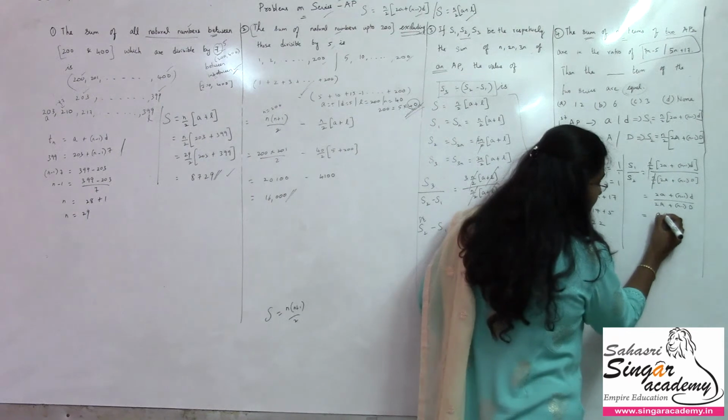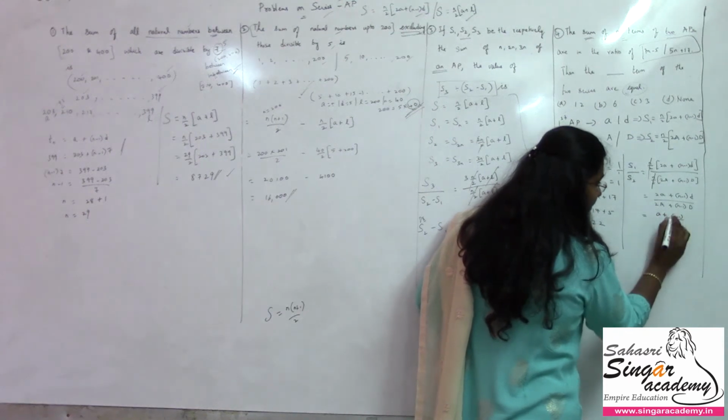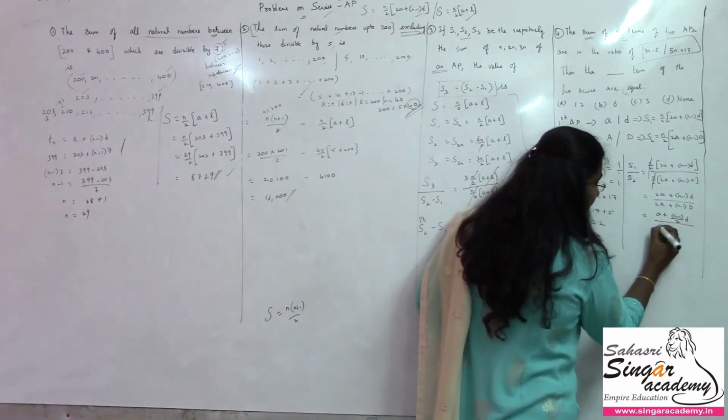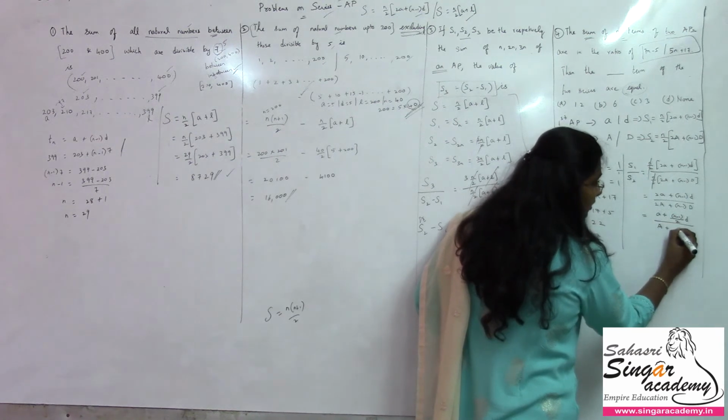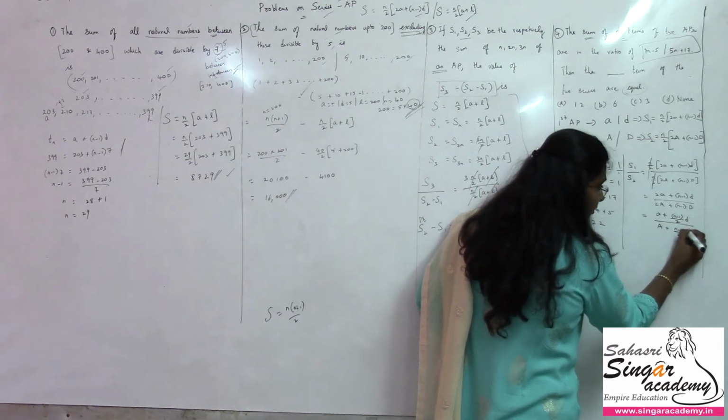So a plus n minus 1 divided by 2 into D divided by capital A plus n minus 1 divided by 2 into capital D.